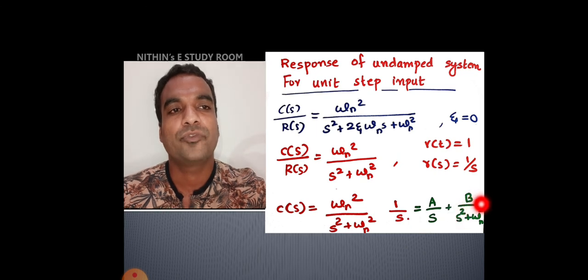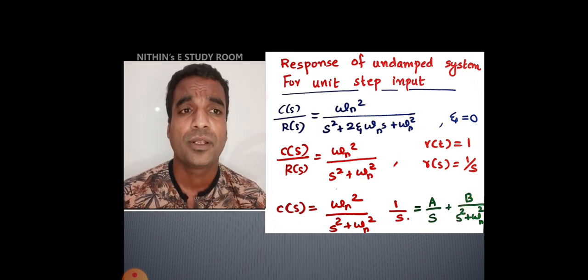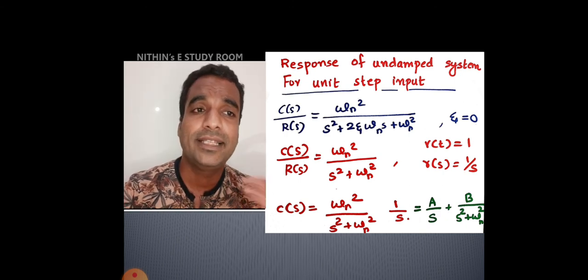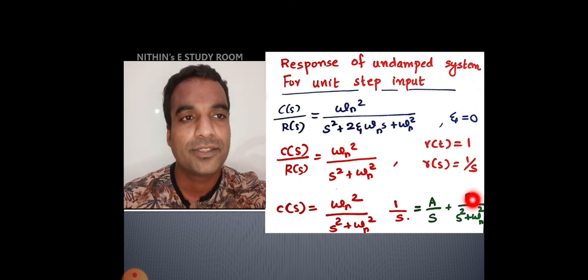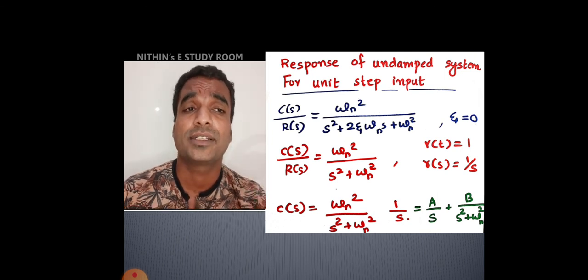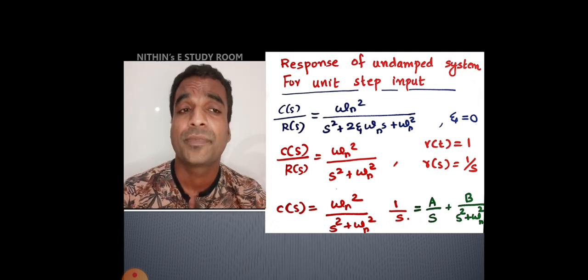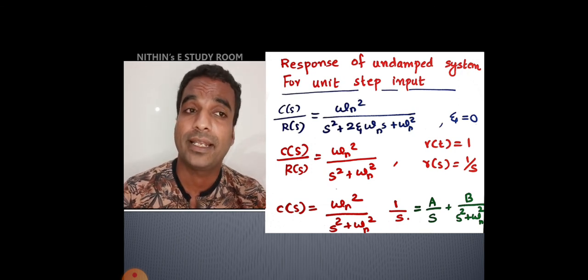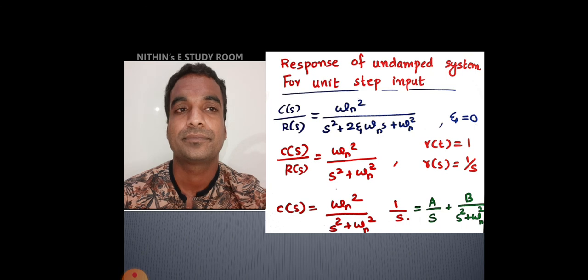Take the denominator of b, s square plus omega n square, multiply on both LHS and RHS, and then put this denominator equal to 0, s square plus omega n square is equal to 0, then s square is equal to minus omega n square.